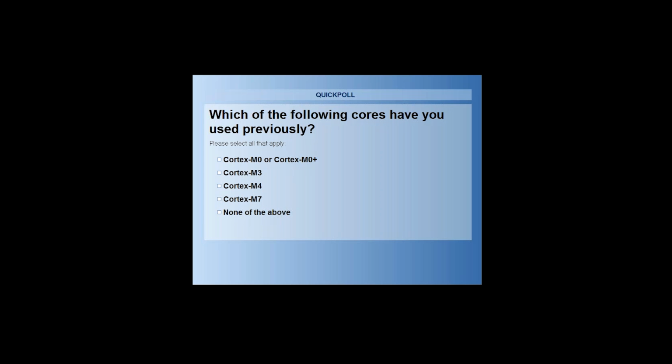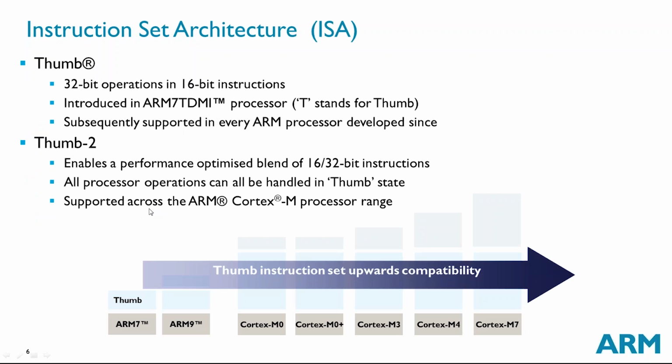One of the more successful processor products from ARM is the ARM7 TDMI, which is a 32-bit core processor and includes the Thumb architecture, which is a mixture of 32-bit operations and 16-bit instructions.